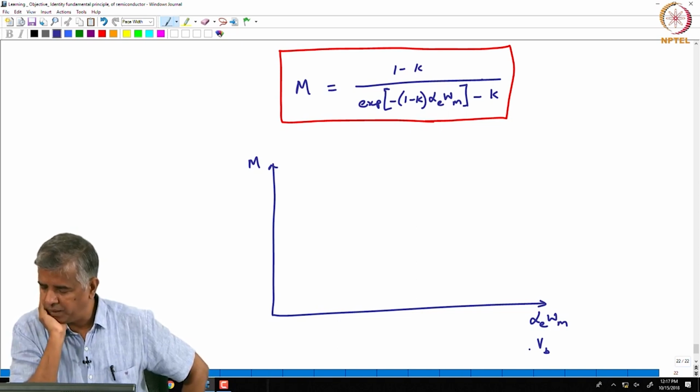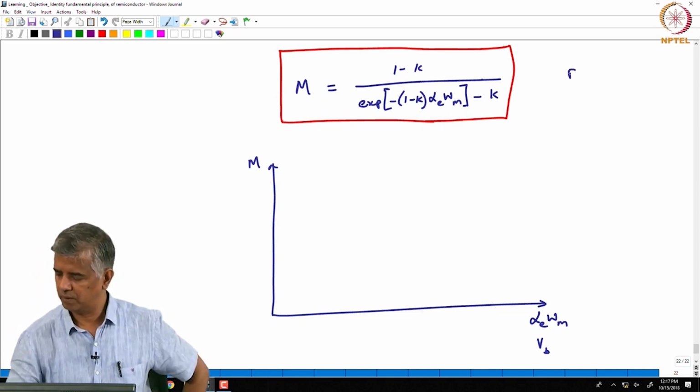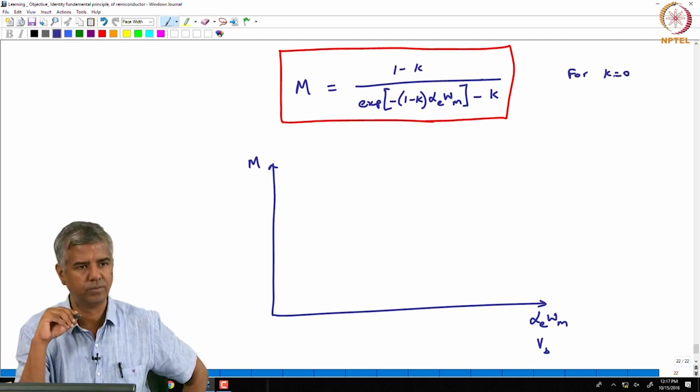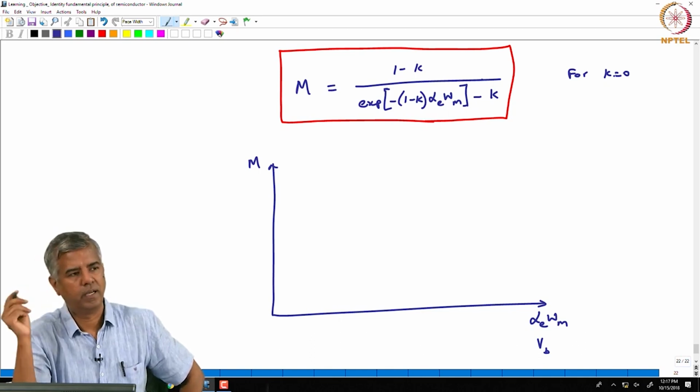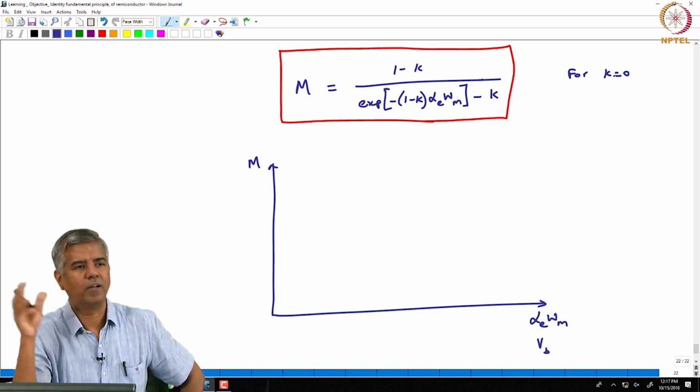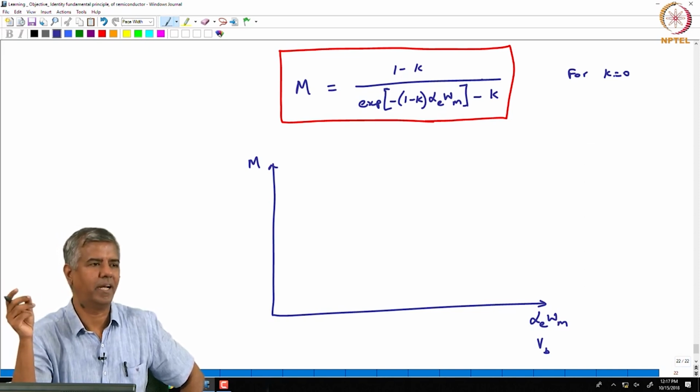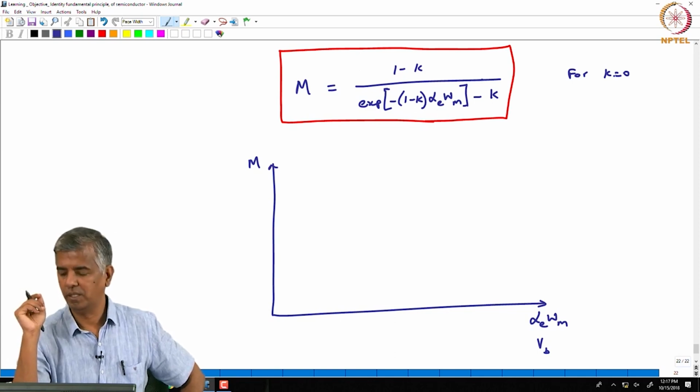Now, for k equal to 0, my impact ionization coefficient for electrons is far greater than alpha h. If I have that case, then k can be approximately 0.